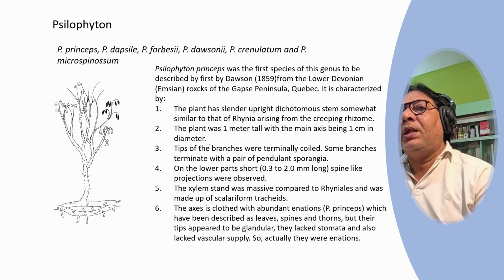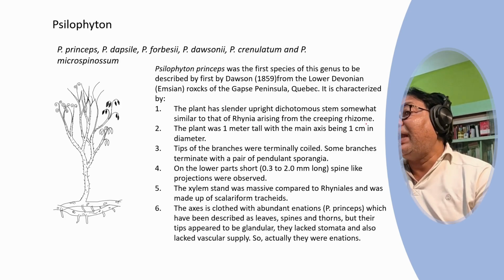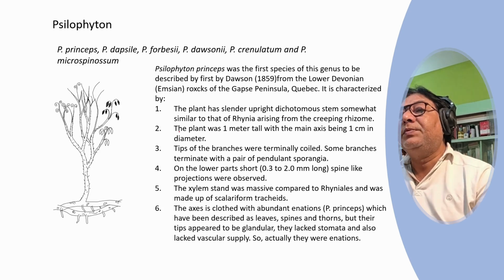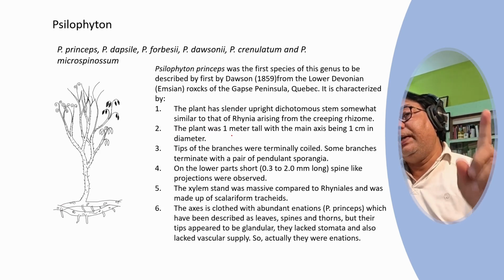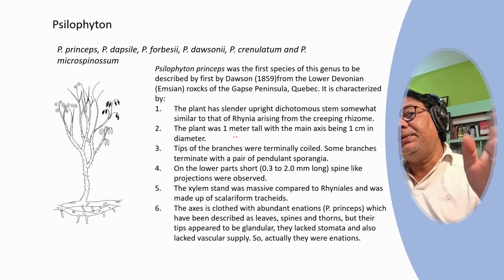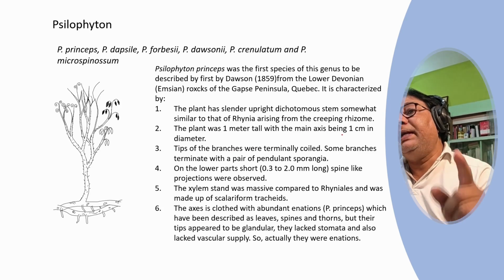Now let's see the size of the plant, how big it was. The plant was slender, upright, with a dichotomous stem somewhat similar to that of Rhynia, arising from the creeping rhizome. From that, the aerial axis arose. But the plant was 1 meter tall, very tall, about 5 times taller than Rhynia, with the main axis being 1 centimeter in diameter.